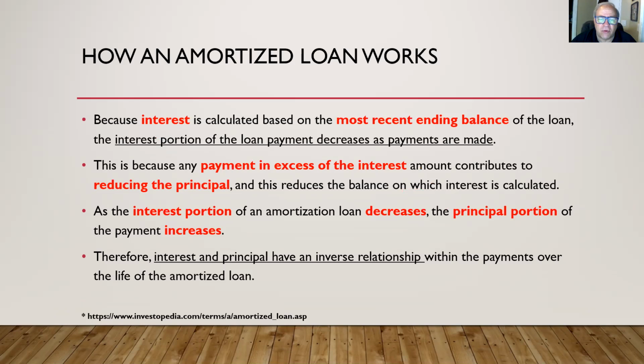How the amortized loan works is that the interest is calculated on the most recent ending balance. The interest portion of the loan payment decreases as the payments are made. So you have it at one level and it keeps going down each time you make a payment. Now when we talk about a period, keep in mind typically a period is 1 month. That does not necessarily mean it has to be 1 month.